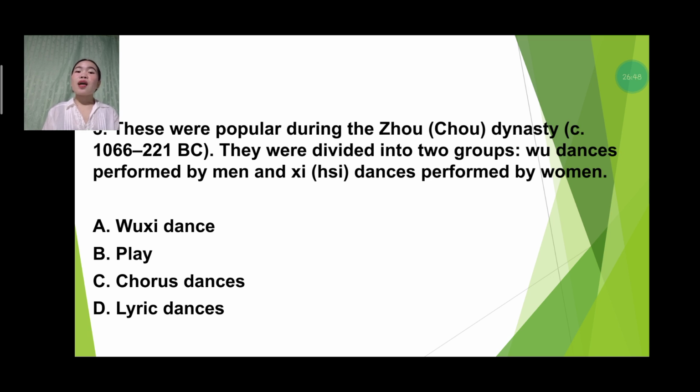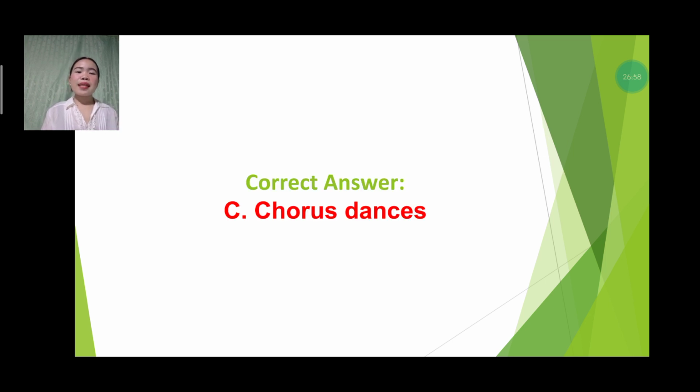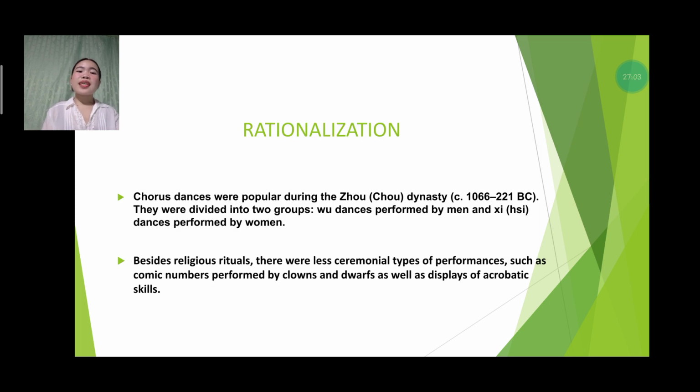So the options are letter A, Wuxi dance, letter B, play, letter C, chorus dances, and letter D, lyric dances. The correct answer is letter C, chorus dances. So chorus dances were popular during the Zhou dynasty. They were divided into two groups, which are the Wu dances performed by men and the She dances performed by women.